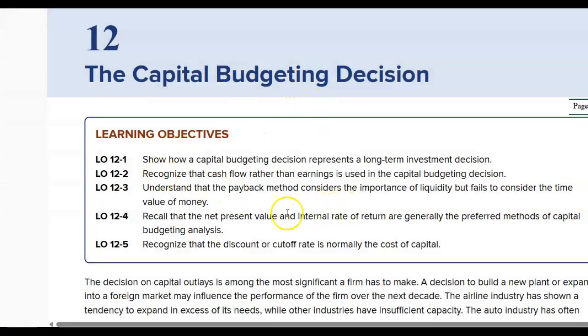One thing I want to point out here is a little takeaway. You're going to be presented with several different methods or ways you can potentially do this kind of capital budgeting decision making. But the reality is most firms use some variation on net present value.